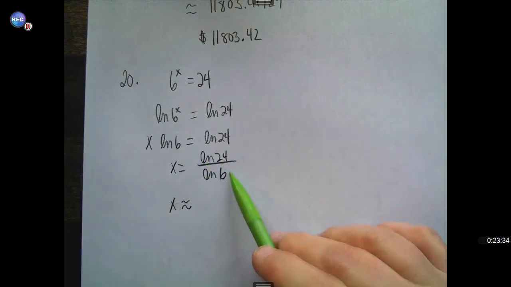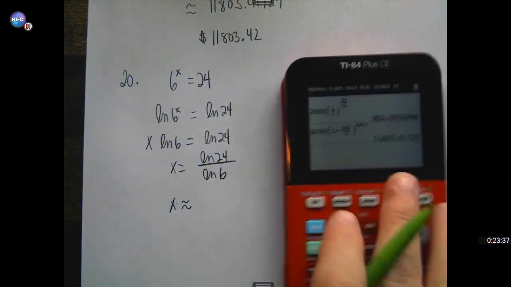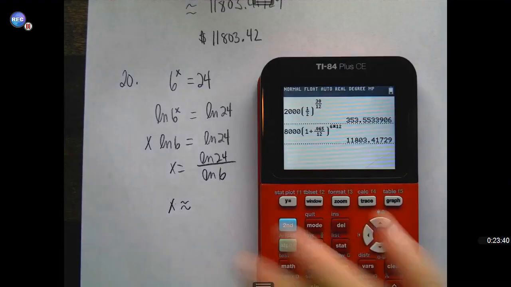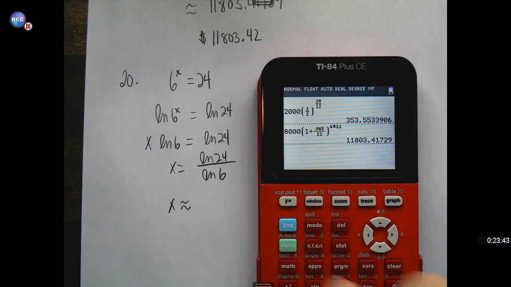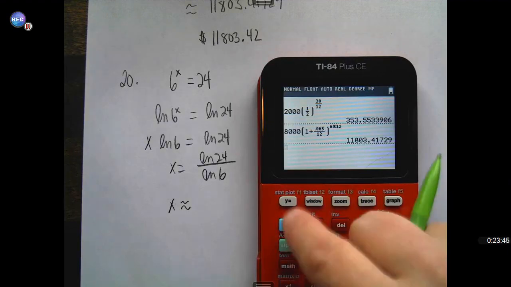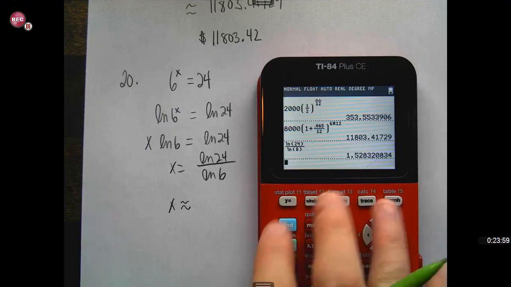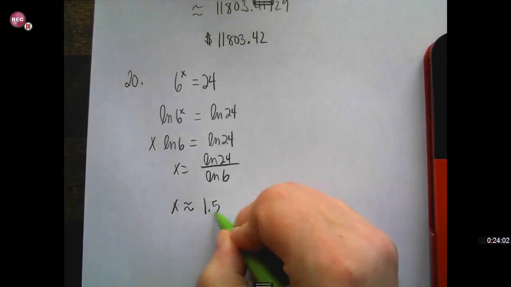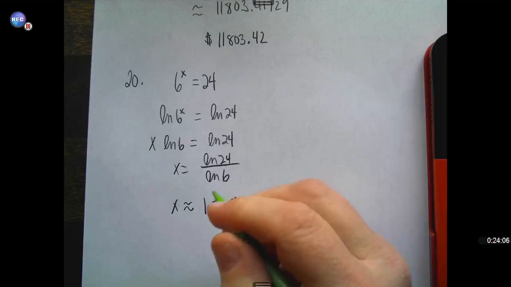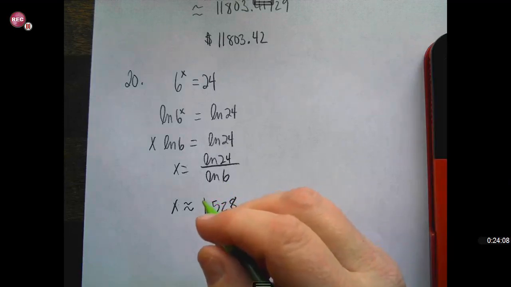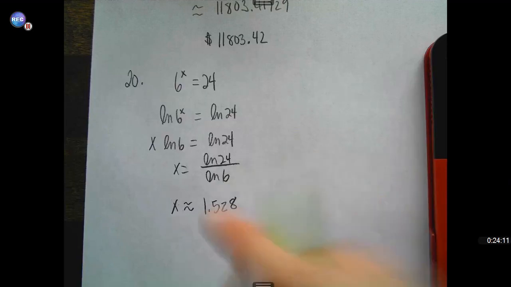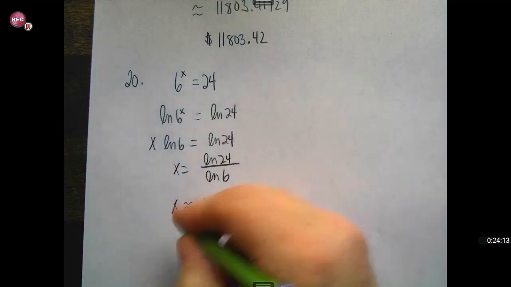The only way I can get that decimal is to do that division, to actually take the natural log of 24, and we can even write it as a fraction with the natural log of 24 over the natural log of 6, and we get 1.528. And we could call it whatever, probably 1.53.